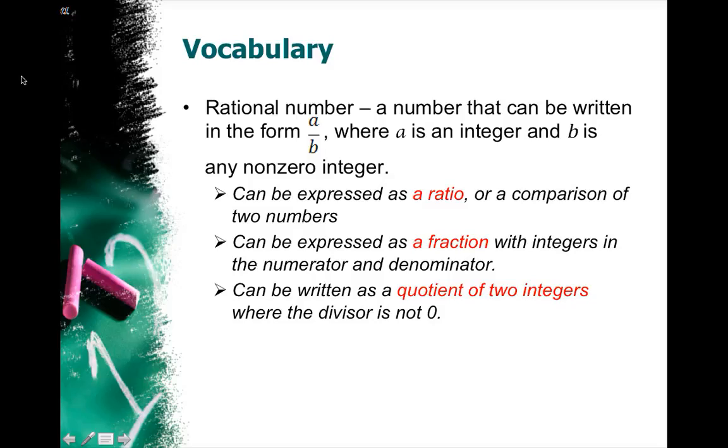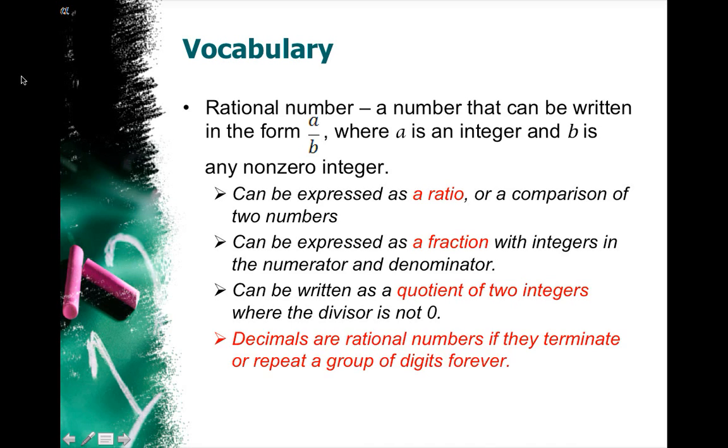Remember, a quotient is the answer you get when you divide two numbers. Well, a fraction is also a division problem. If I have the fraction 3/4, that can also be read as 3 divided by 4. So the answer to that would be the quotient. So a rational number can be written as a quotient of two integers where the divisor is not 0. And a rational number can be written as a decimal.